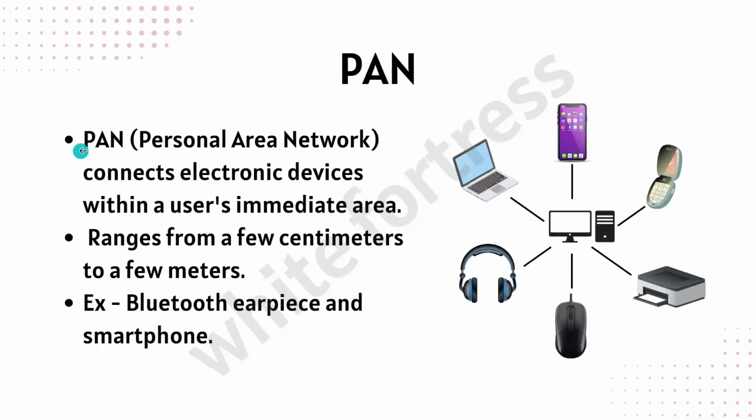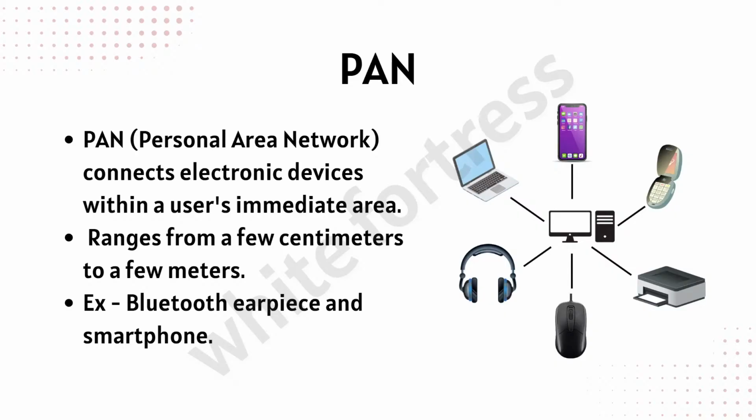So PAN, full form, personal area network, connects electronic devices within a user's immediate area. So for example, right now, I've got a Bluetooth mic, I've got a phone, I've got my earphones, everything connected to each other. Like for example, my earphones are connected to my phone, my mic is connected to my laptop.